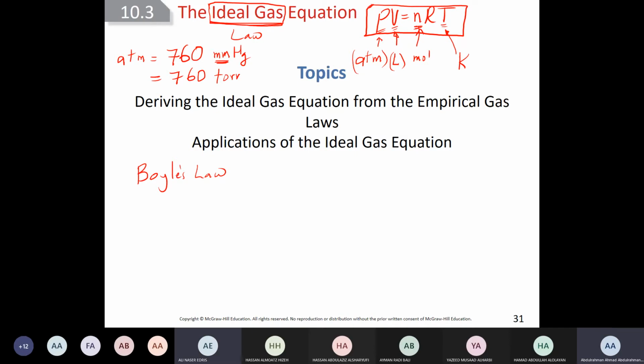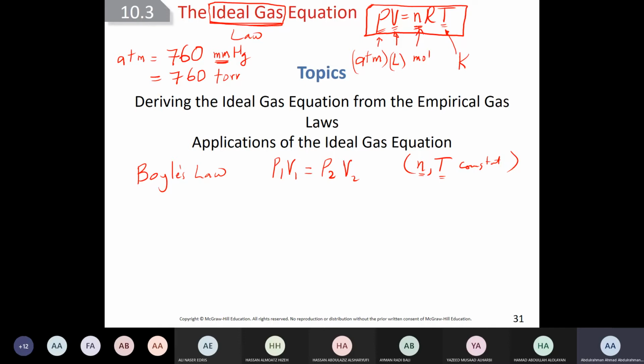P1 V1 equals P2 V2. What is the condition? T and N constant. N and T must be constant. If you change N or temperature, then this law will not apply.